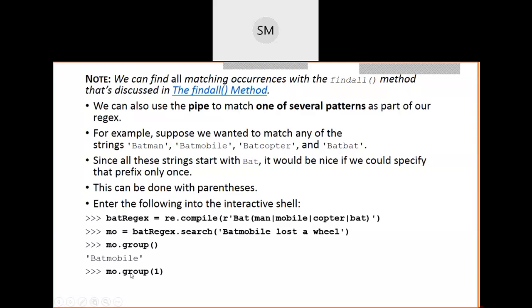Then once again, if you use the group method with the argument 1, it returns just the first group. Of course, the grouping is done here, the parenthesis is here. In that one, the match is happening with mobile, so it will return the first group as mobile. This is how we can use the group method.